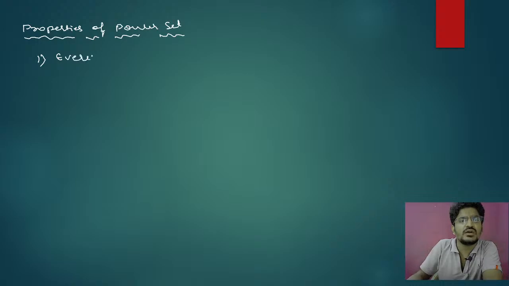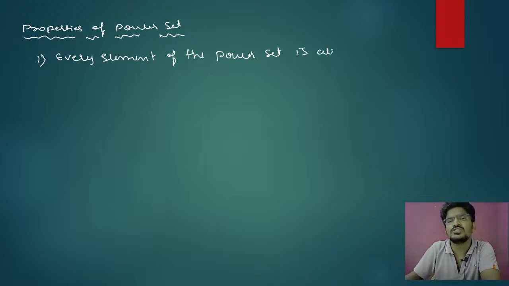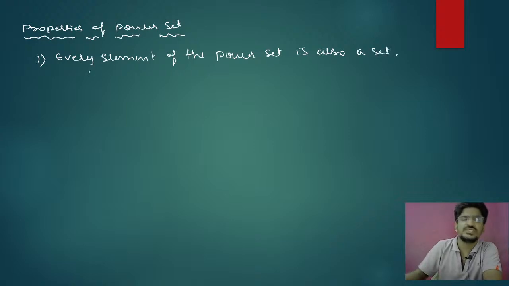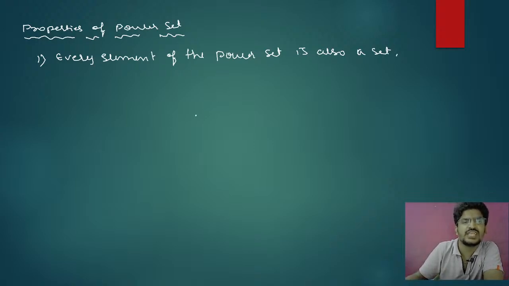See here, the properties of the power set. The first one: every element of the power set is also a set. What is the meaning of this? For example, I will take A equal to {1, 2}.